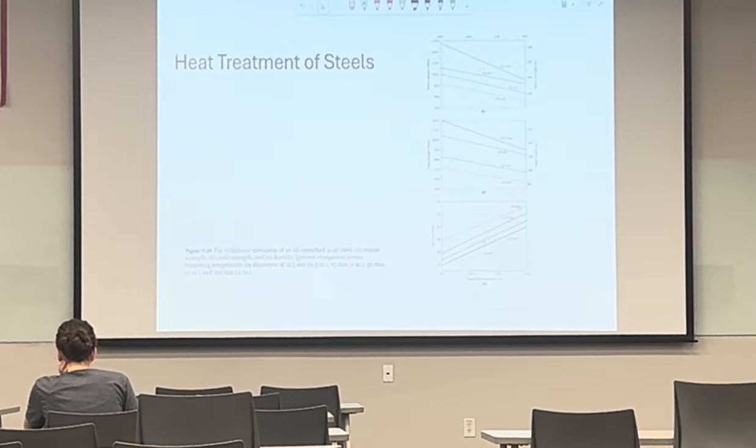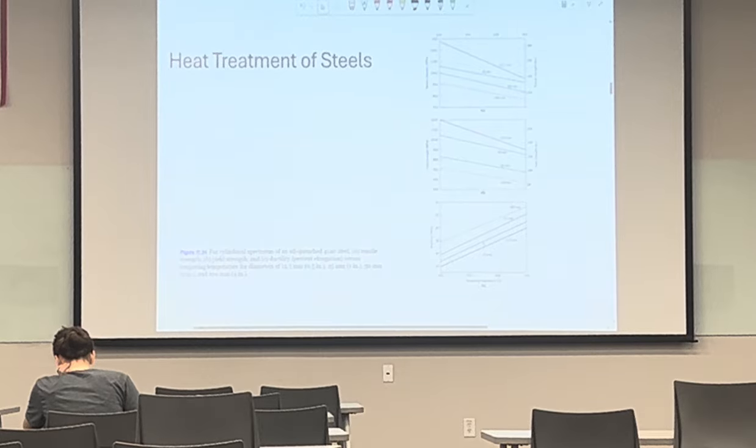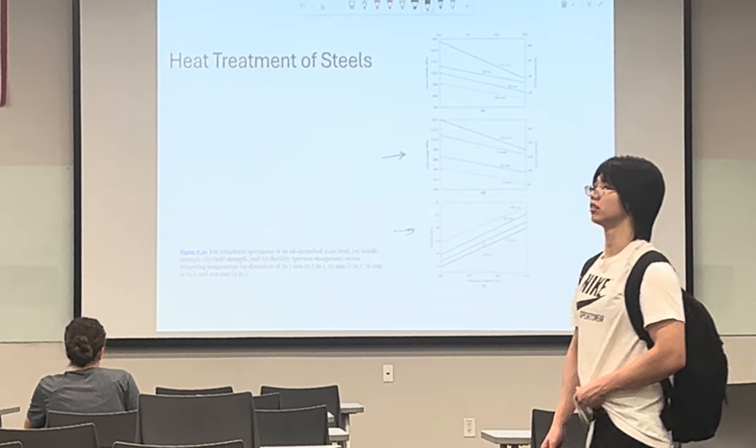And like I was mentioning earlier, you have to go to this figure, which is figure 11.24, and look at figure B and figure C to figure out what's going on. Figure 11.24 B and C respectively are showing the yield strength and ductility versus temperature.